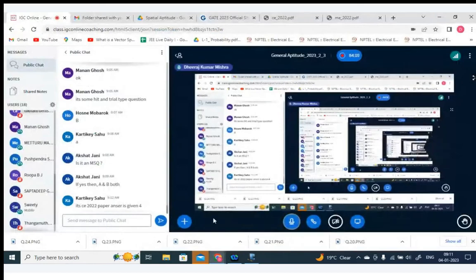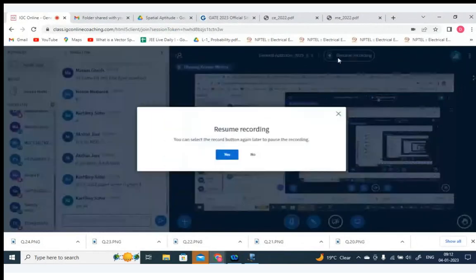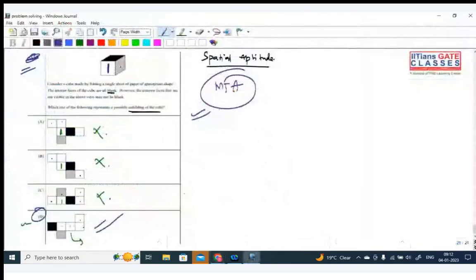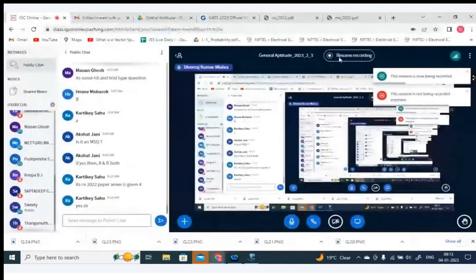Yes, the 2022 paper answer is given as 4. So option D, as I'm telling, is perfect. This was MTA, but option D can be correct if this plus is not present.